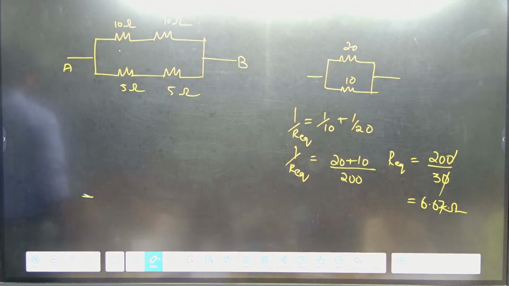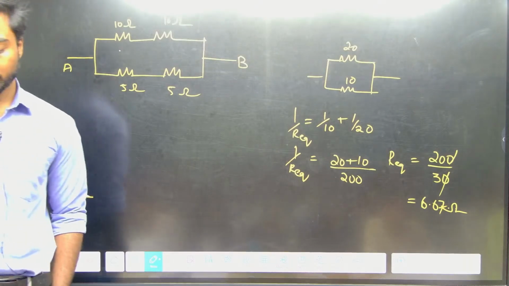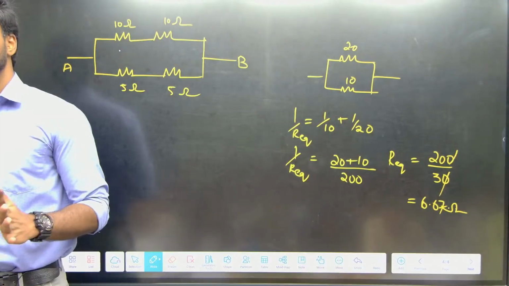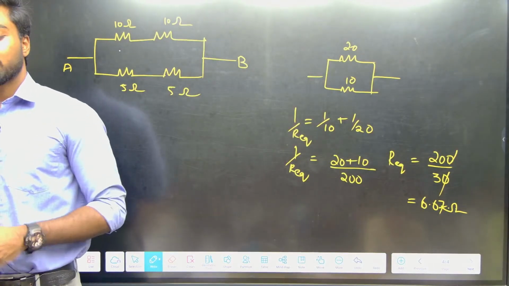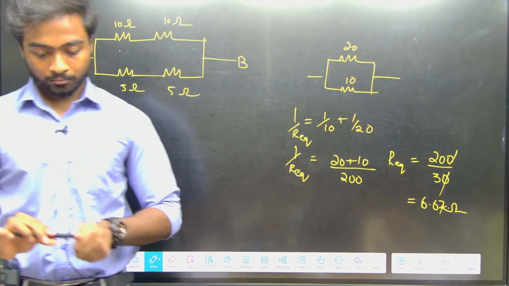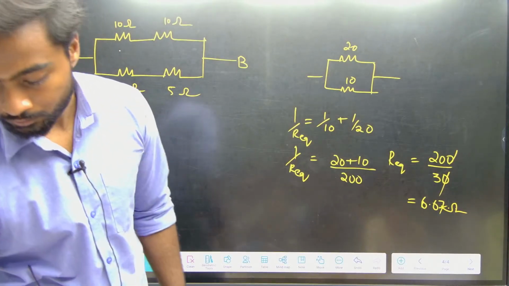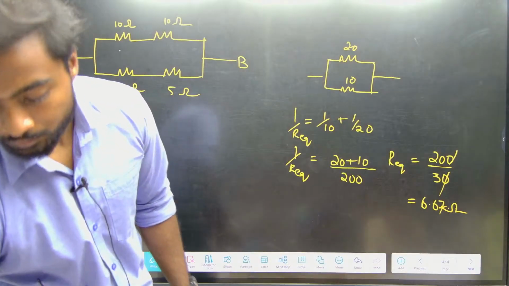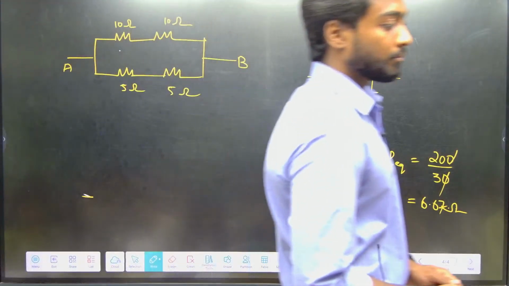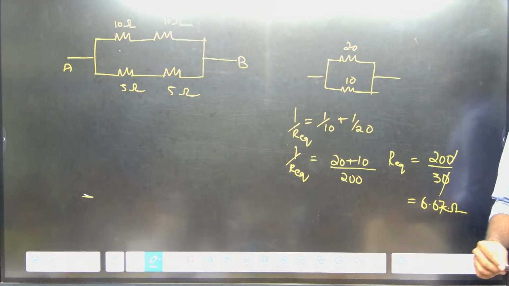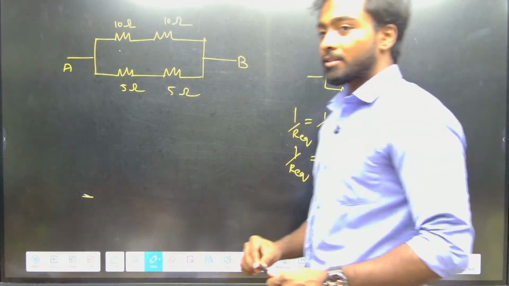Completed? The next question is: find the current in each branch.